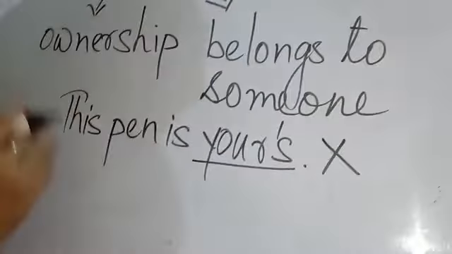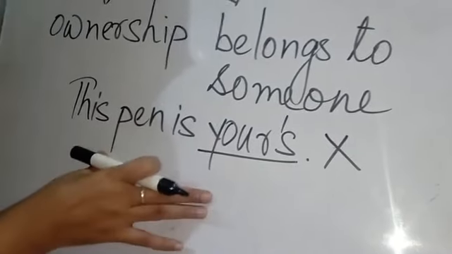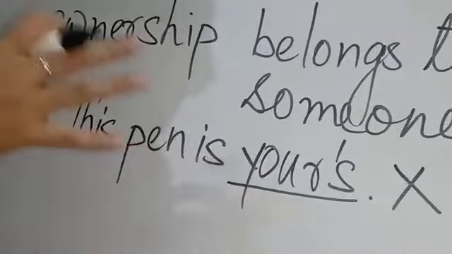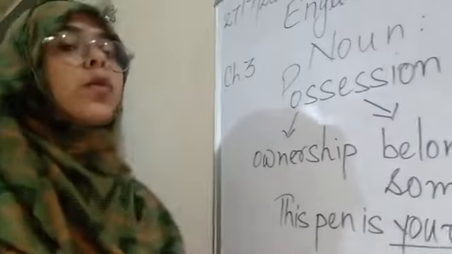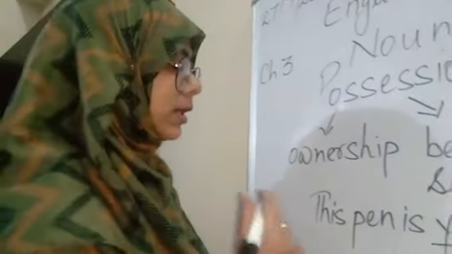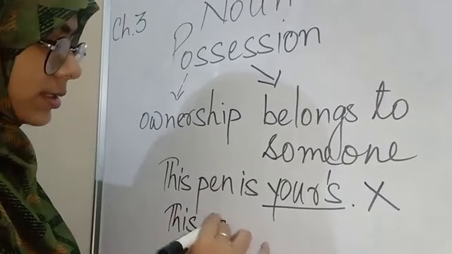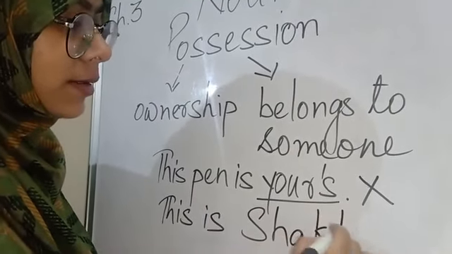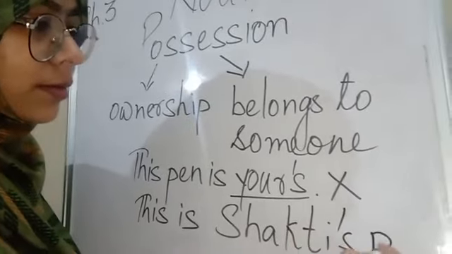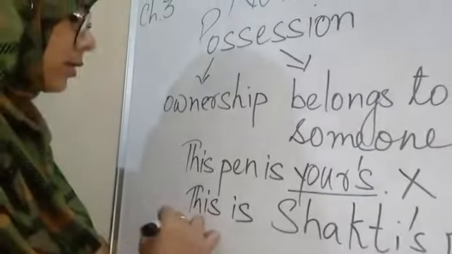Because the word here is not a noun in itself. ये noun नहीं है और हमें possessive noun बनाने के लिए noun की ज़रूरत होती है, वरना वो possessive noun नहीं बन पाता. Like, this is Shakti's pen. This sentence is correct.